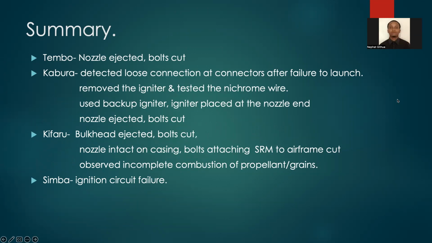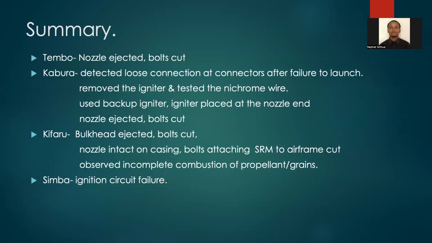First page is basically a summary of how every rocket did. For Tembo, we had the nozzle ejected, the bulkhead, and the bolts were cut. For Kabura, we detected a loose connection at the connectors after a failure to launch.